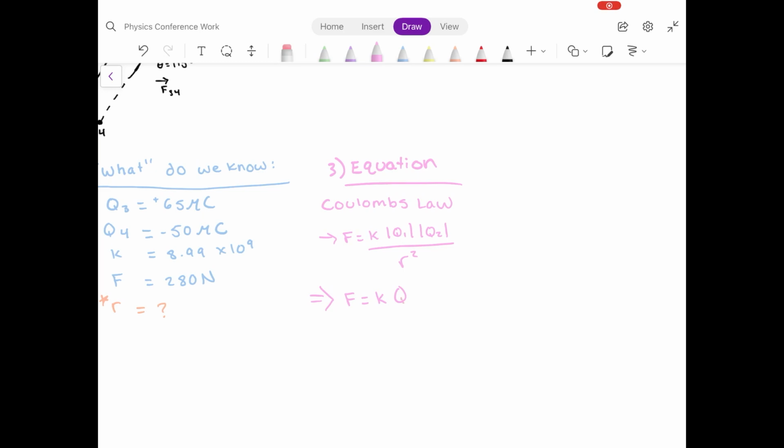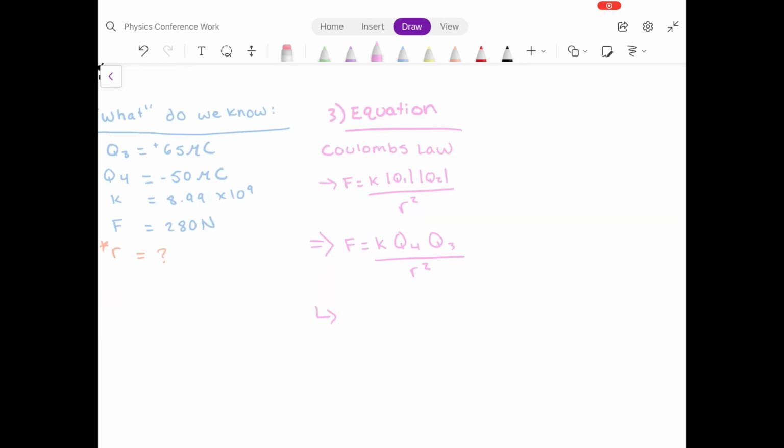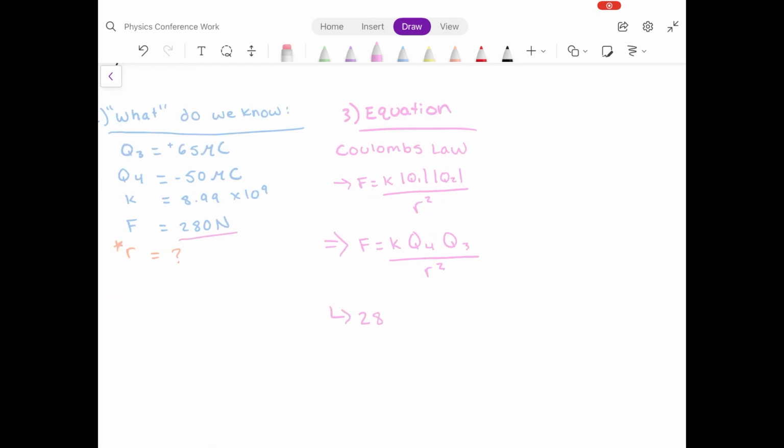So the way we will write this is F equals K constant times the absolute value of Q4 times the absolute value of Q3 over R squared. Since we are already given the force, we can write this as 280 newtons equals the K constant, 8.99 times 10 to the ninth, times the absolute value of Q4, which is 50 microcoulombs.